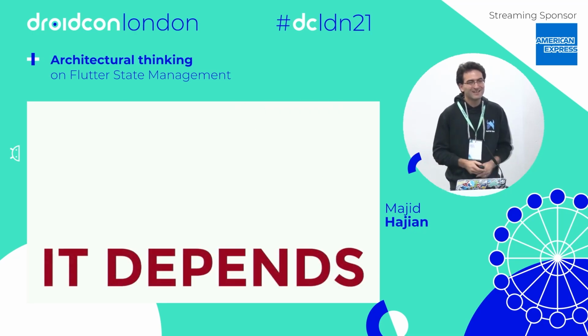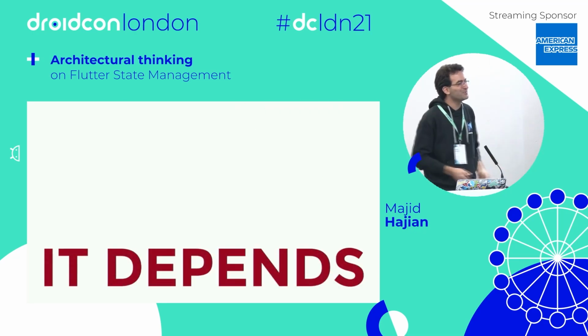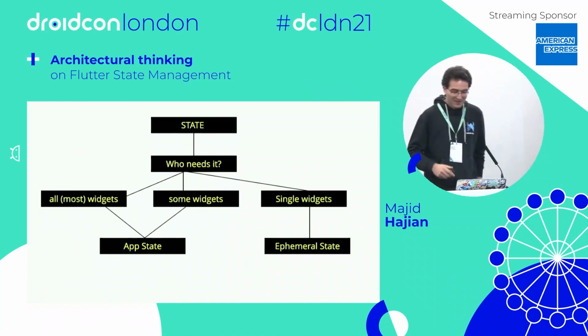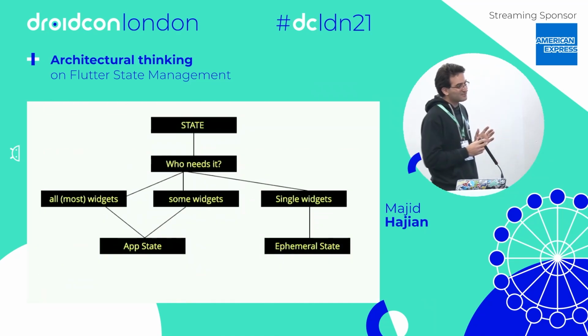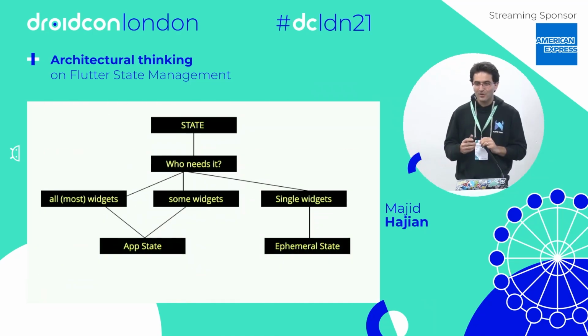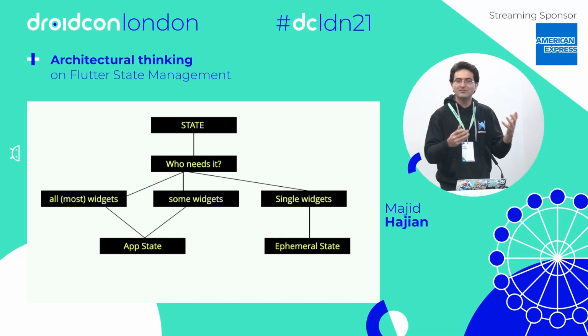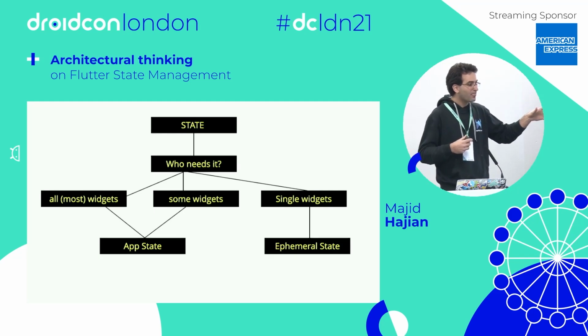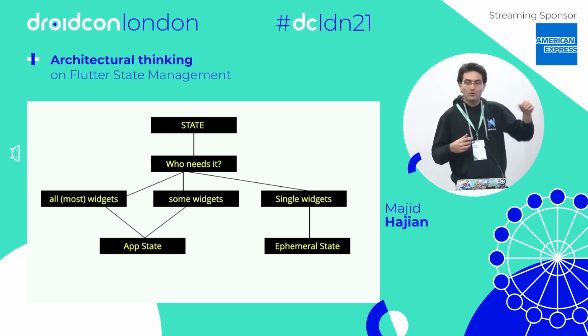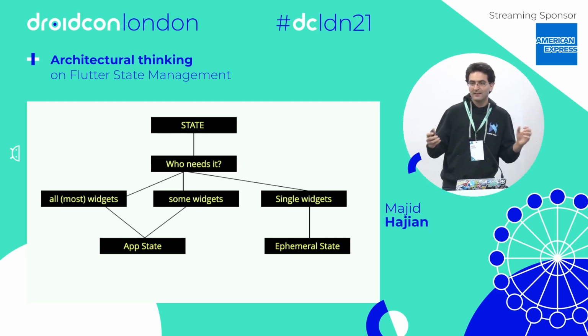It depends. It actually really depends what you want to do. Let's have a look at that. So I have my state. So let's quickly check this flowchart. So who needs this state? It's a widget, or all widgets, or most of widgets, or some widgets.